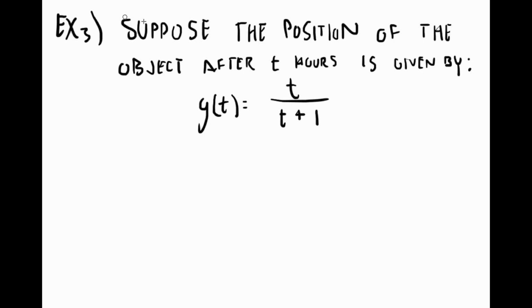All right, so suppose the position of the object after t hours is given to us by this function right here. g of t is equal to t divided by t plus 1.